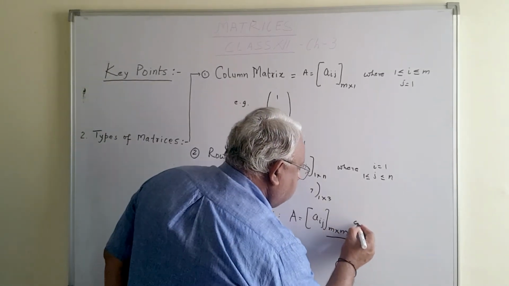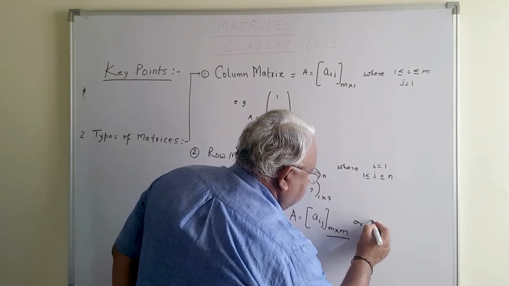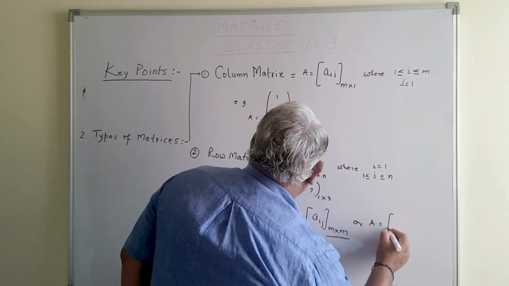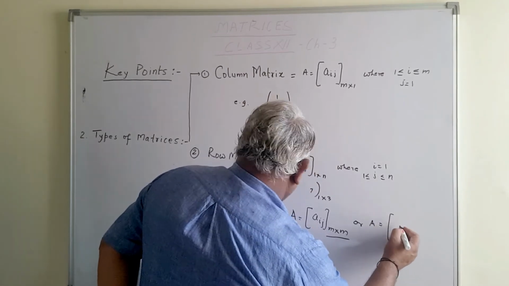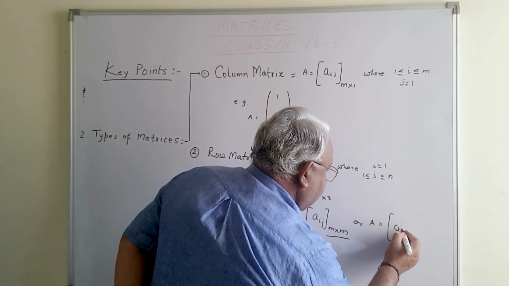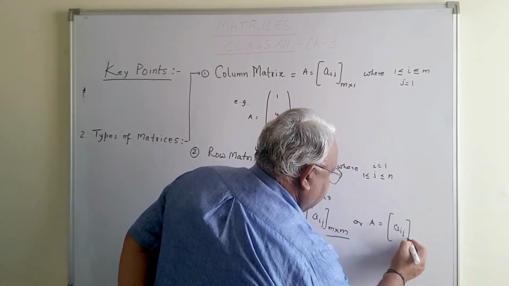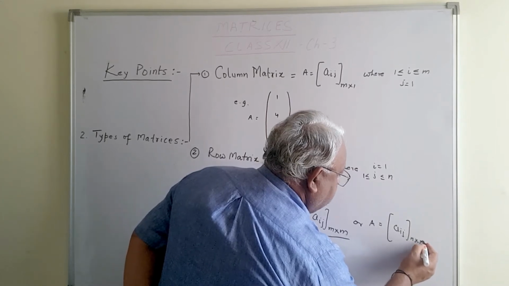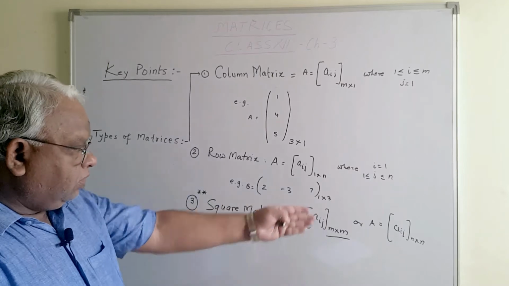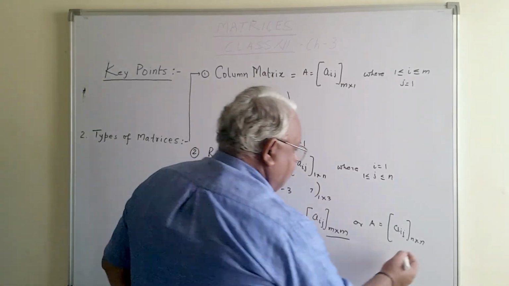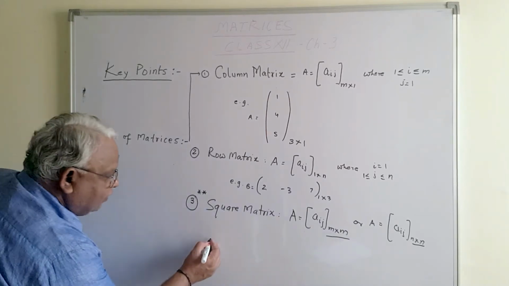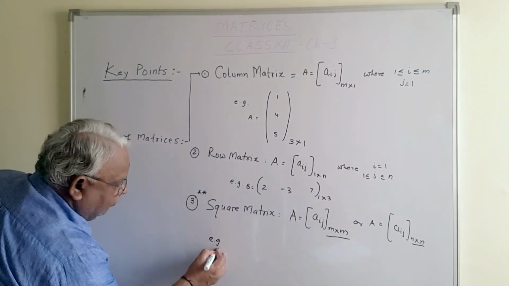Or you can write A is equal to Aij, n cross n. If you want to express it in terms of n, you are free to. Let us try to understand through a series of examples.